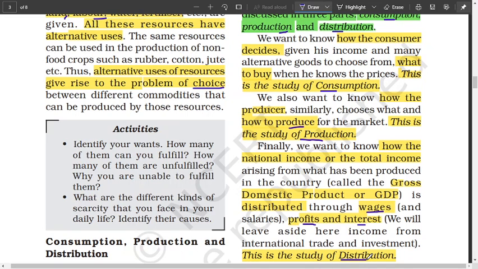So when we study economics from the micro point of view, we have to relate to consumption because people are consumers, to production, and to how they share that income, the goods and services produced.